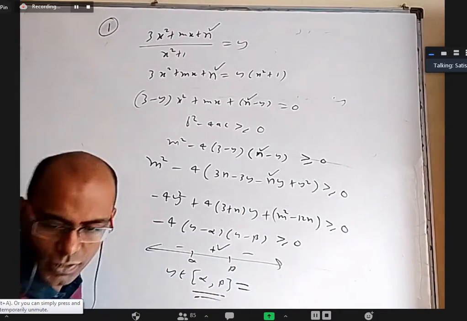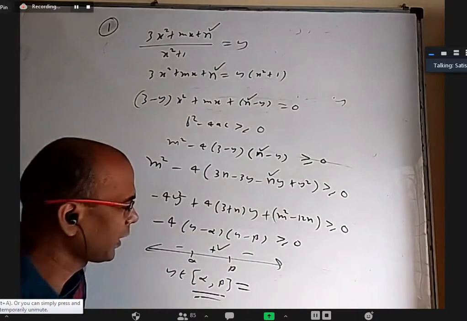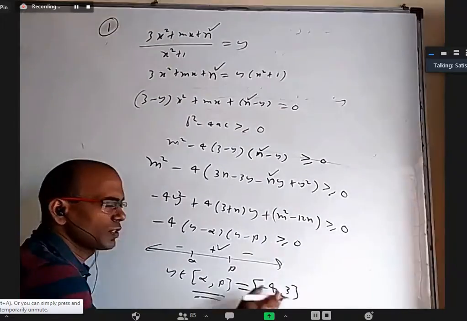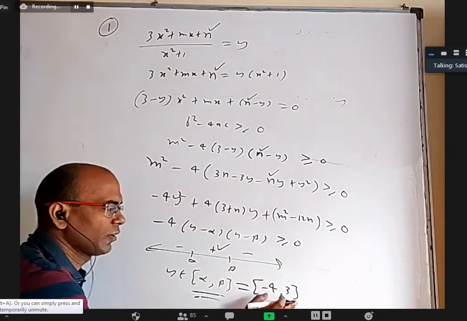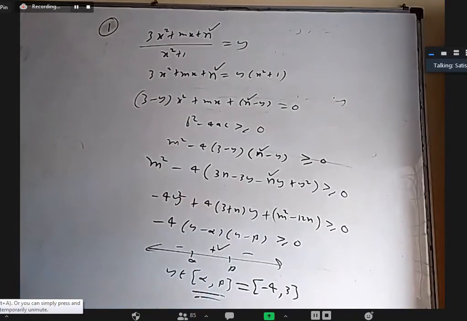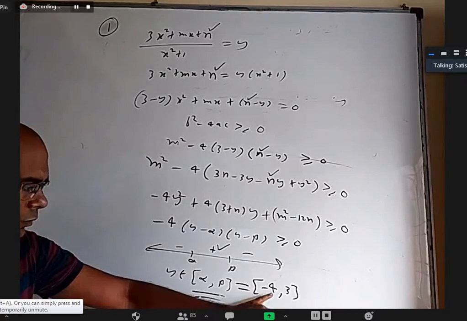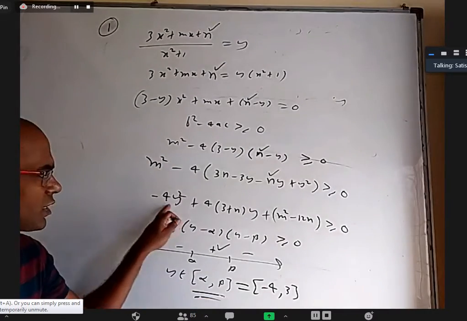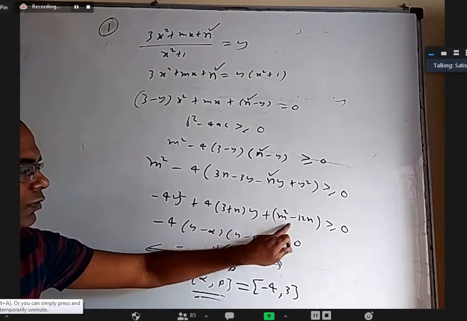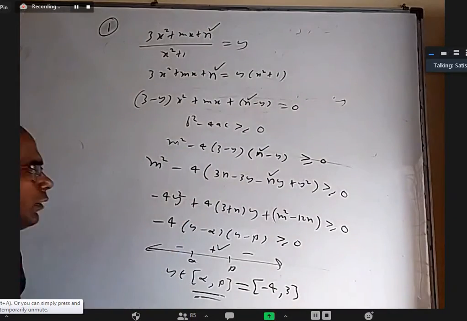This alpha beta is given to me as -4 to 3. You may say this is closed, this is open. Why? I'll explain. Right now I'm taking closed, but I'll explain why that is open. Okay, now if -4 and 3 are the roots for this quadratic expression, the sum of the roots I'll get n. Product of the roots, I'll get from below.